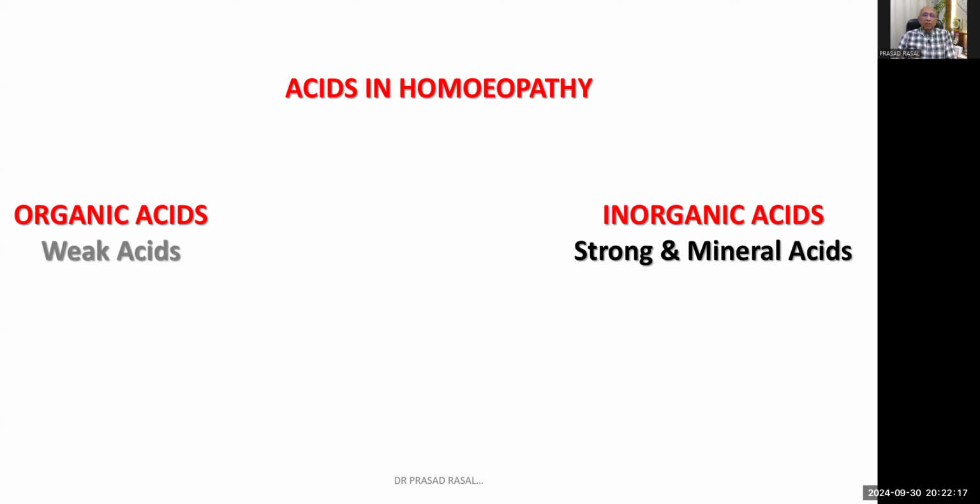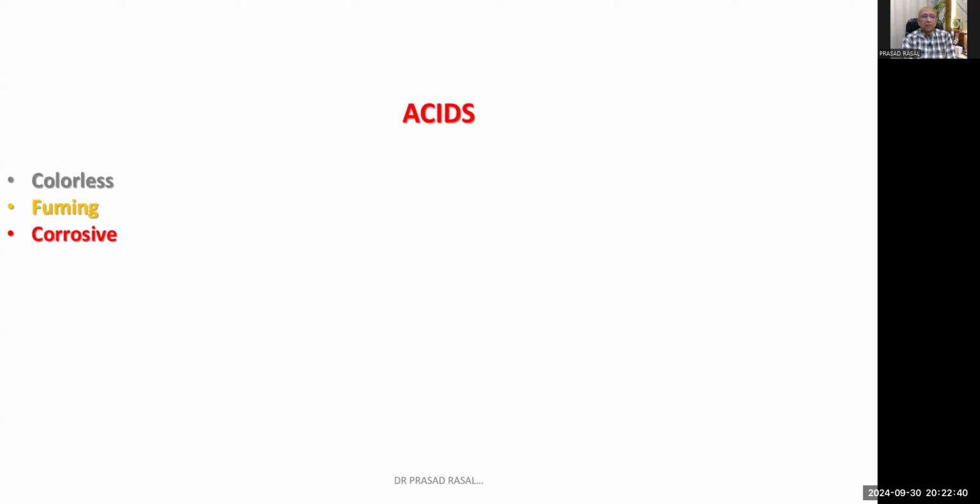Exactly the opposite happens with inorganic acids. During the oxidizing process they gain electrons, and because of which they become strong. So we have both varieties in our materia medica.